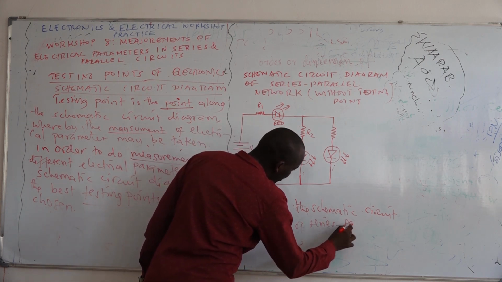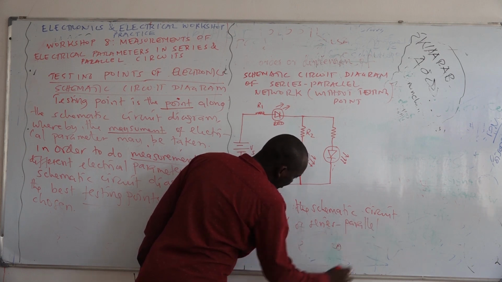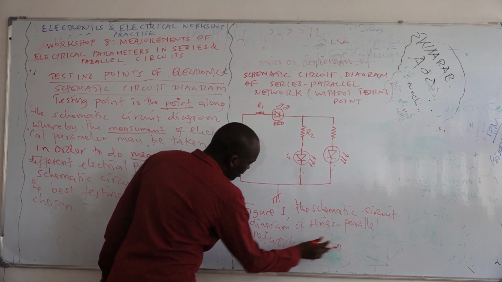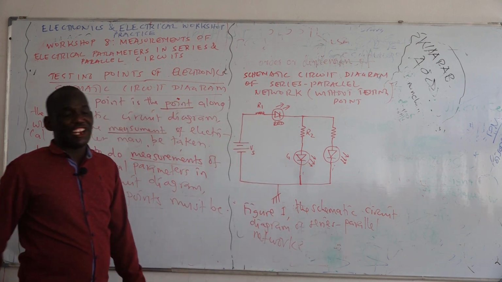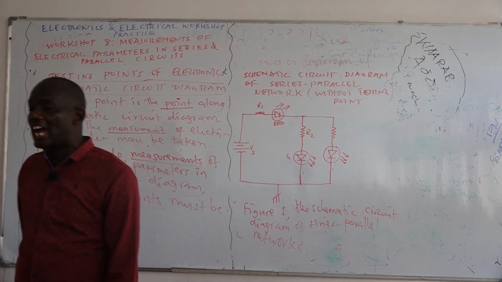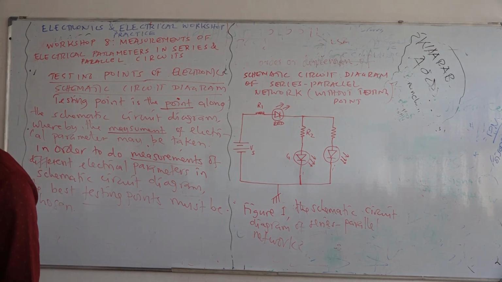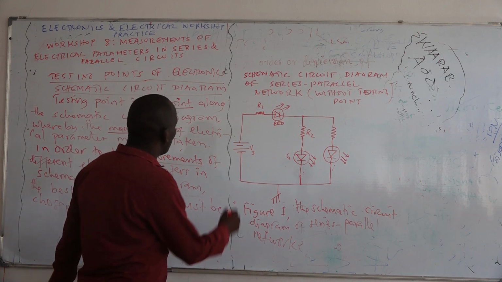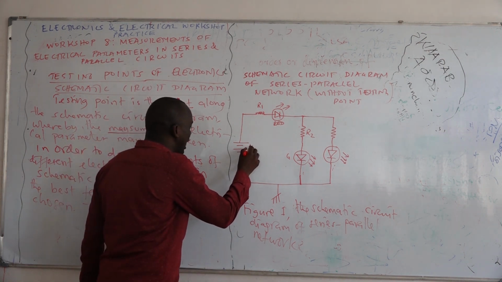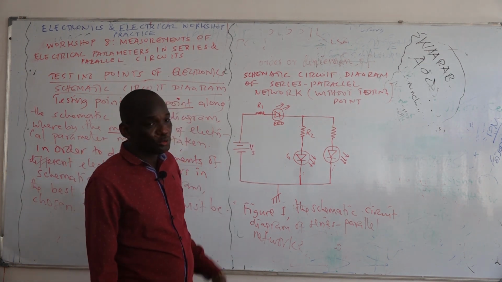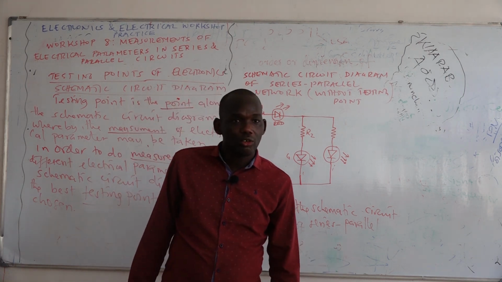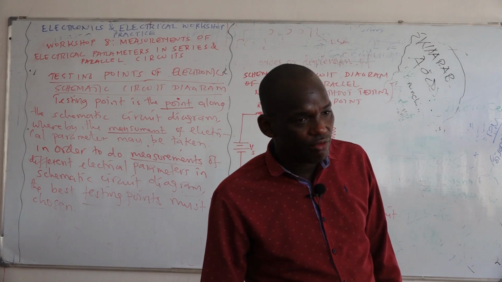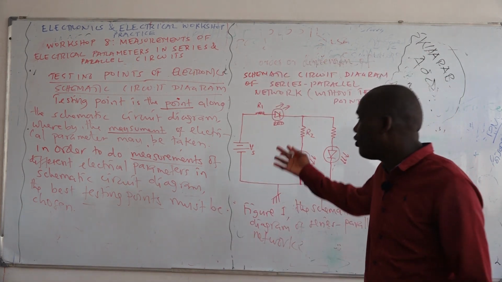Of series parallel network. So this might be a general schematic circuit diagram. Why do we call it a general schematic circuit diagram? Because we just have a schematic circuit diagram without specific values. We don't know the value of the battery.